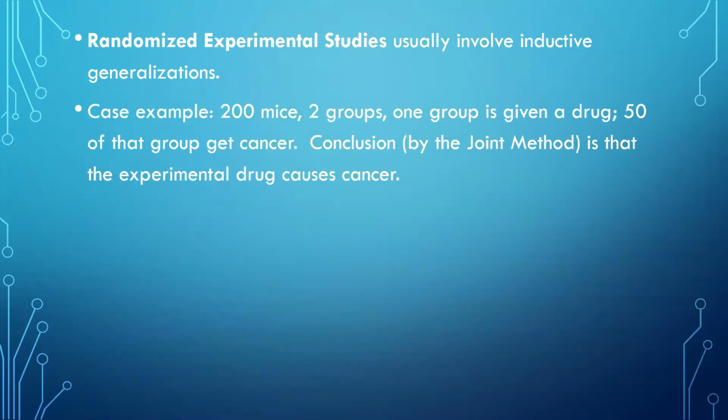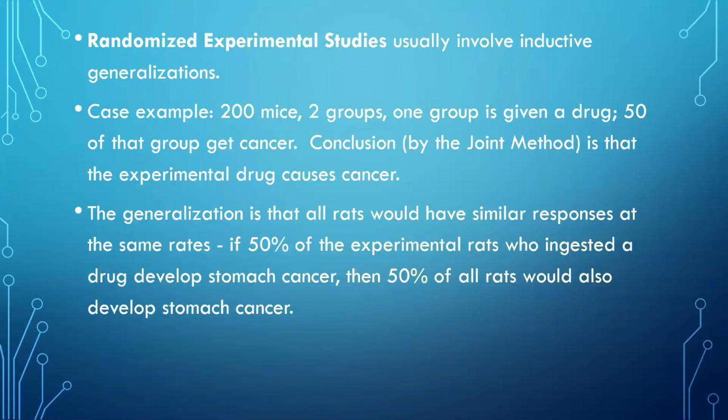So consider this example. 200 mice, you split them into two groups of 100, and one group is given an experimental drug. Say we follow this and 50 of that group gets cancer, in the other group only one got cancer, and you certainly could conclude that the experimental drug causes cancer, and that study's going to end the development of that drug.